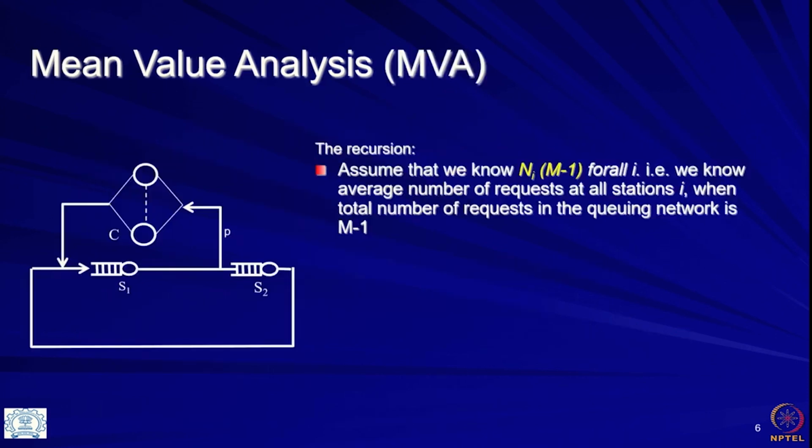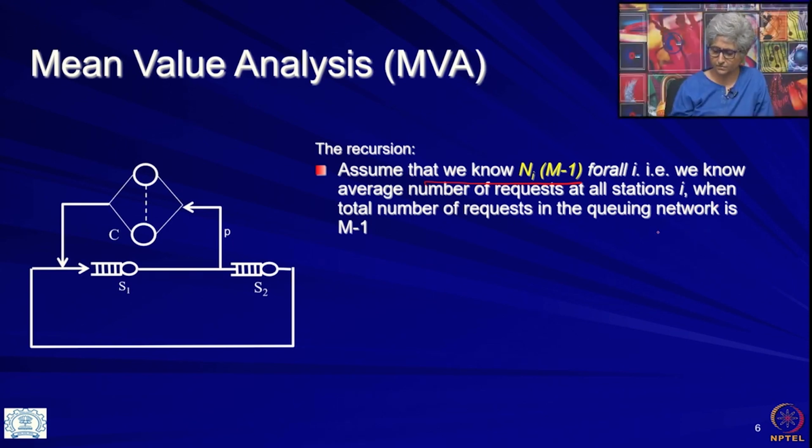So, let us now assume that we know N_i(m-1) for all i. That means I know the average number of requests at all stations i when the total number of requests in the queuing network is m minus 1. Where can I go from here? Let us remember Sevcik-Mitrani theorem.